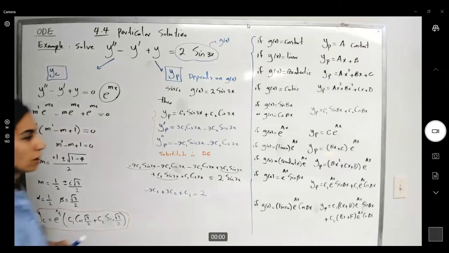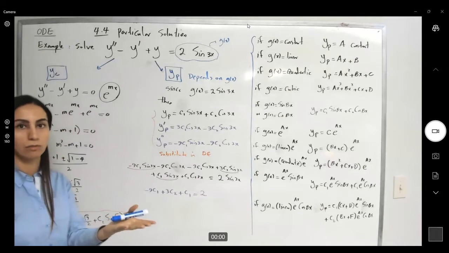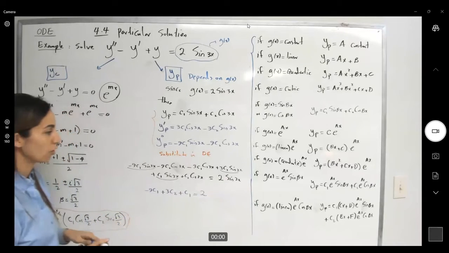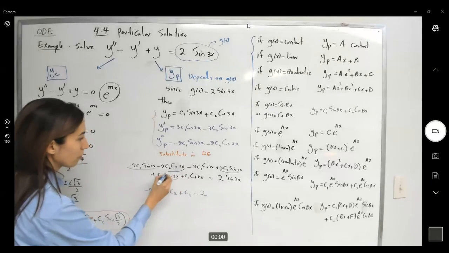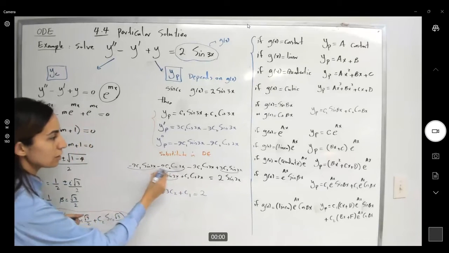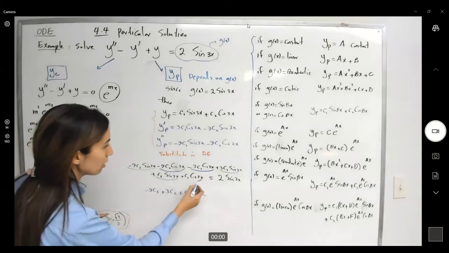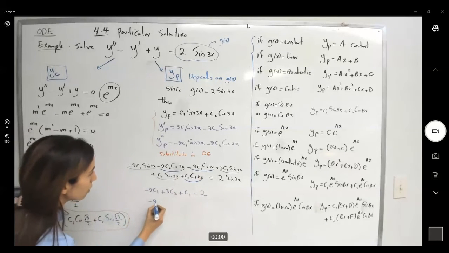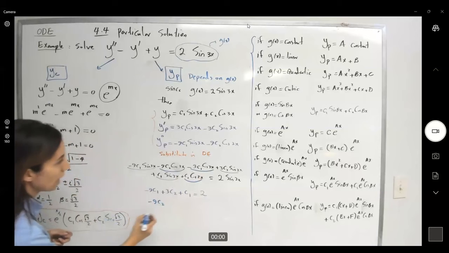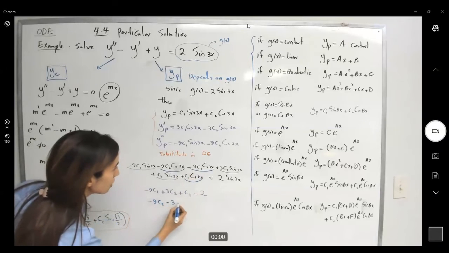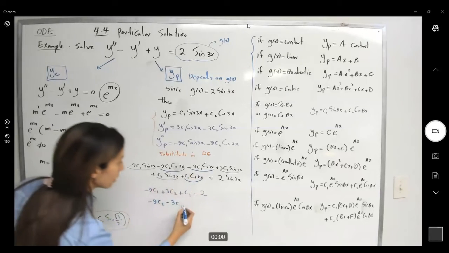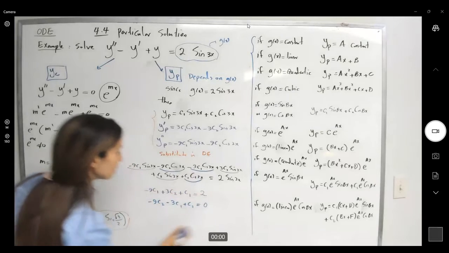Well, I do not have any cosine on the right-hand side. It means that I have 0 times cosine. So this is negative 9 c2, negative 3 c1, and another c2, so negative 9 c2 minus 3 c1 plus c2 must be 0.